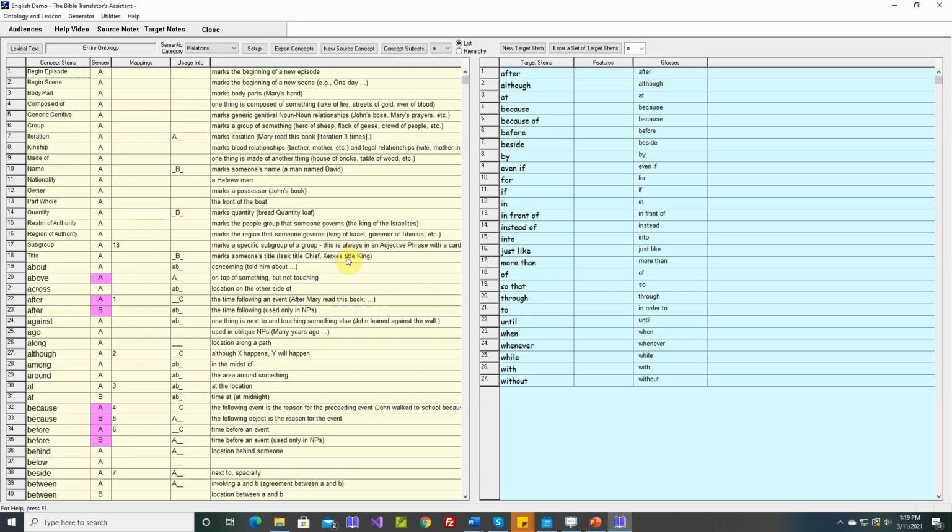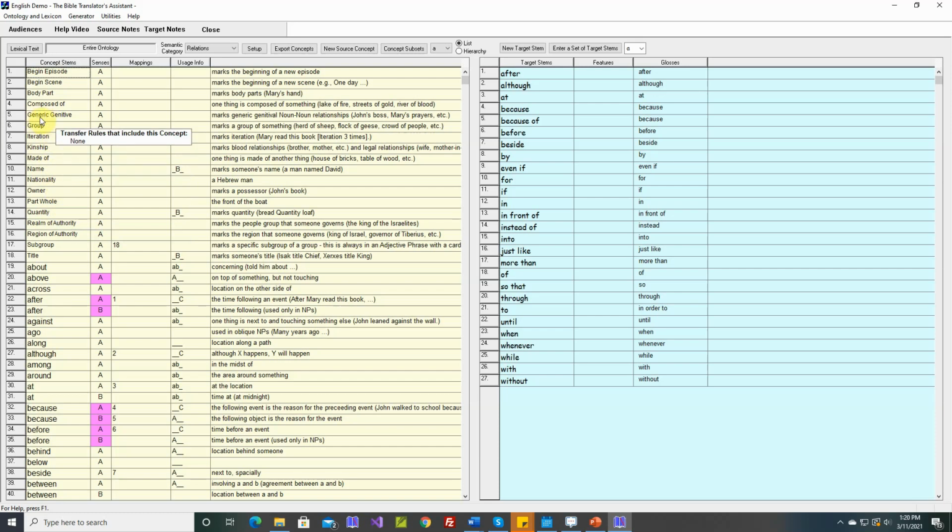So whenever one noun modifies another noun, there will always be a relationship between those two nouns. Now if it's a specific relationship, like title, realm of authority, owner, made of, or kinship, then we will mark it with one of these specific markers. But for many noun-noun relationships, we can't easily categorize the relationship. For example, John's friends. He doesn't own them. It's not a name, it's not a group. We can't categorize that relationship.